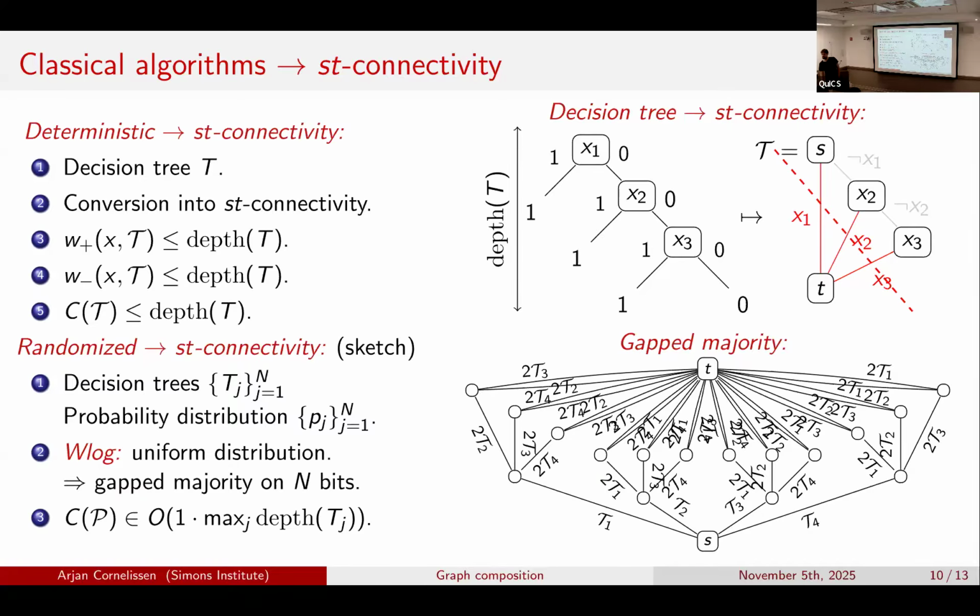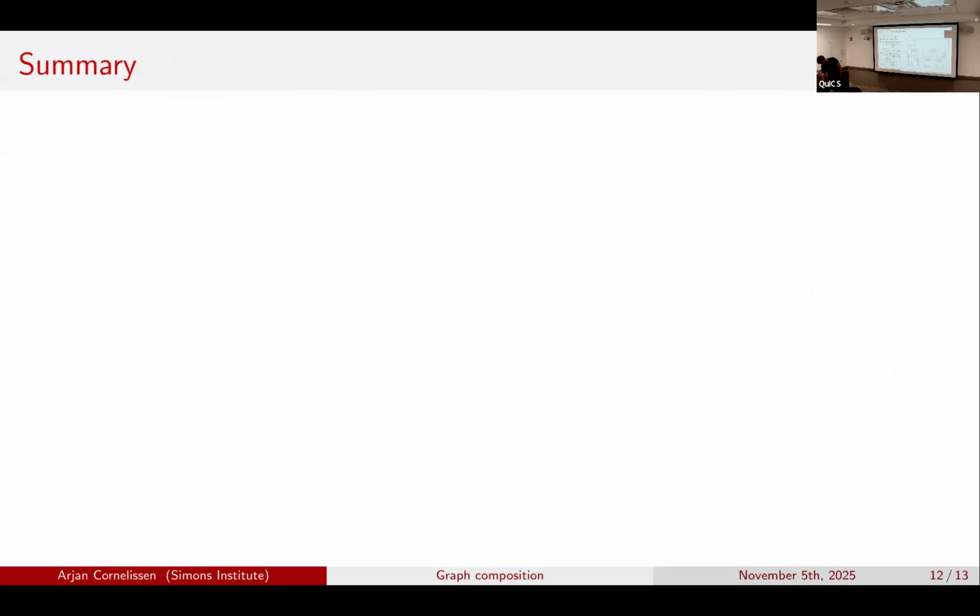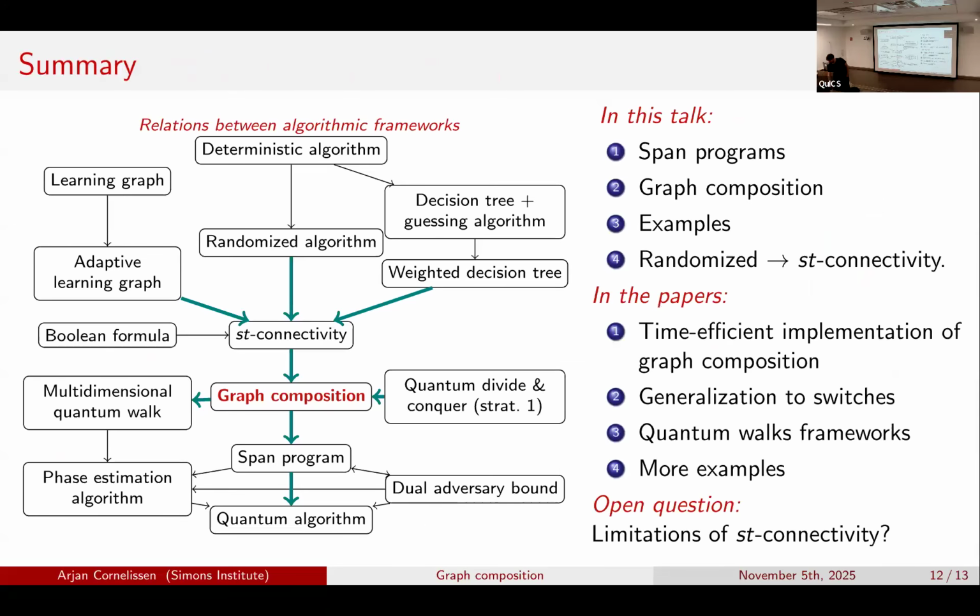Okay. So the second question is, your framework basically combines span programs to build a new span program, right? Is it possible that if I replace each span program by an actual time efficient quantum algorithm, your framework can produce a time efficient algorithm after this composition? So if the algorithms are exact, then yes.